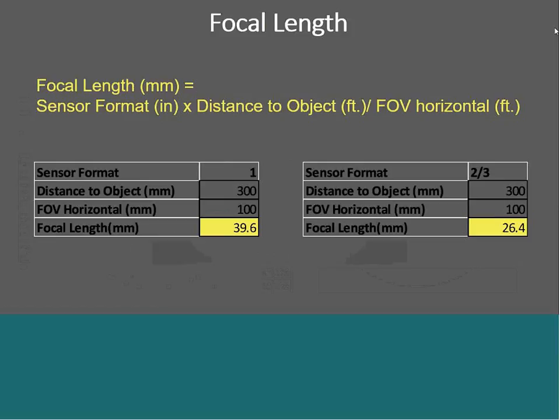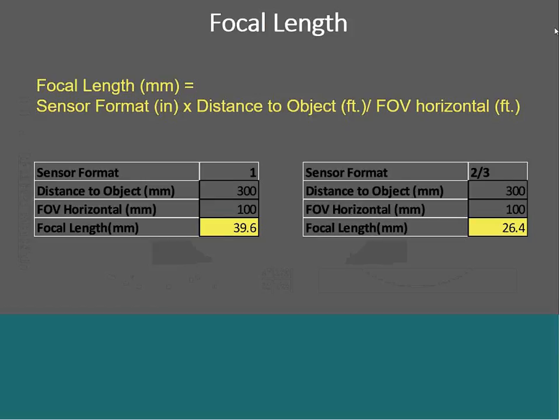We calculate focal length, and again, there are equations for that, and they're in the spreadsheet. So we found out for sensor format, we have a 2/3 inch lens. We have assumed a 300 millimeter distance to our object.